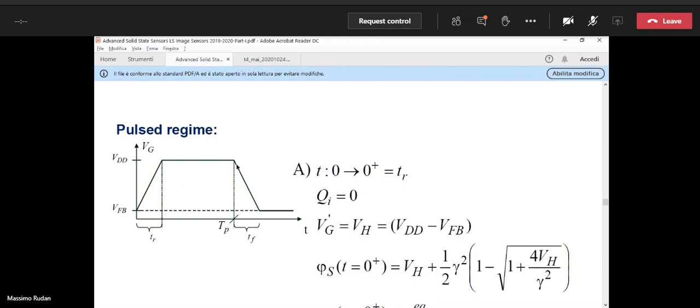And the time that it takes to go back to V of flat band brings the photocapacitor back to the state of flat band condition, but we shall examine this later. I simply just wanted to point out that this is called TF, it is the fall time, okay? In this figure, the rise time and the fall time are equal because in general, they are equal to each other, okay?